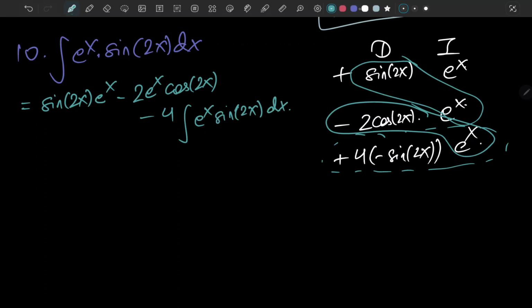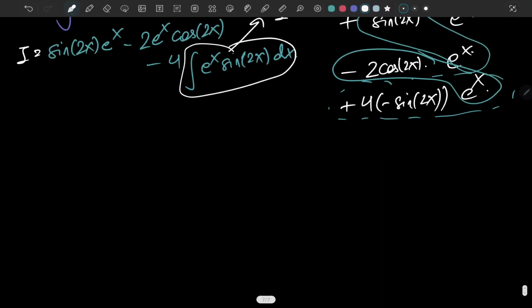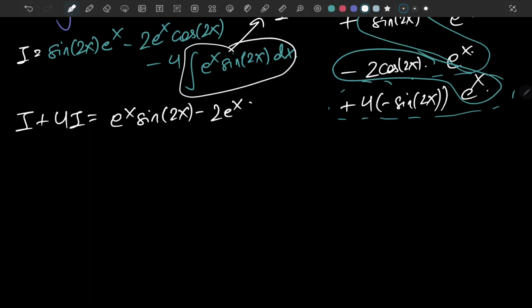Well, let's say that this is I, so our I becomes this, and if you look closely, this is also I. So we are sorted. I plus 4I equals e to the x sine 2x minus 2 e to the x cosine of 2x.